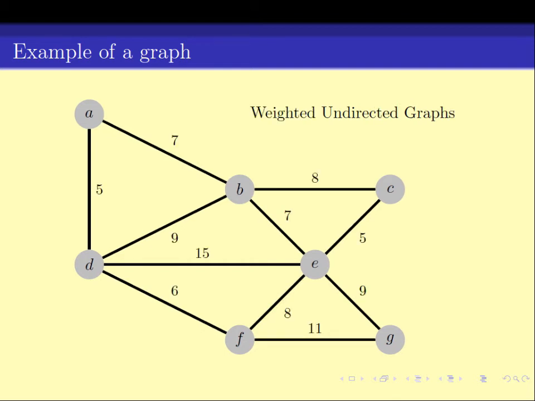So we get something like this. We put weights on the edges, and then we get a weighted undirected graph. This weight can represent whatever we want it to represent. We will see various examples of this.